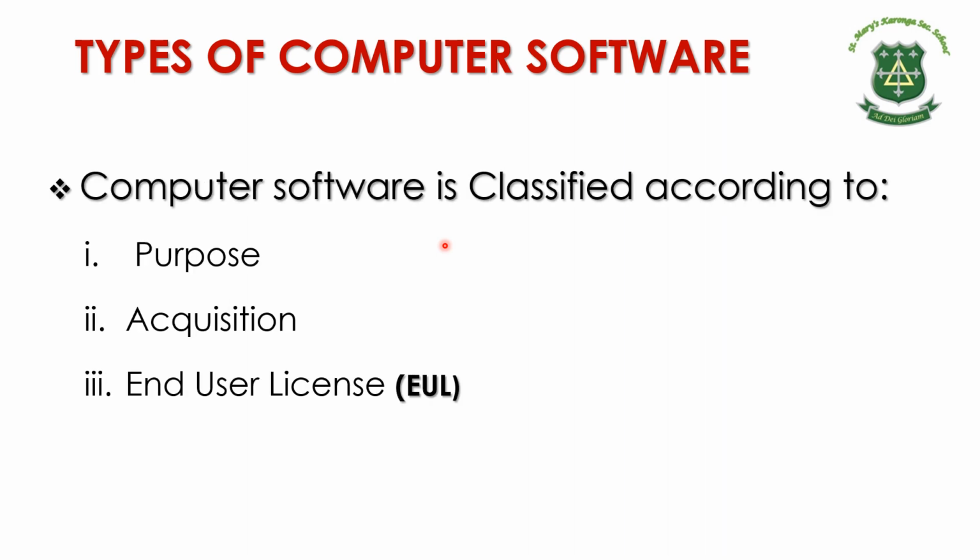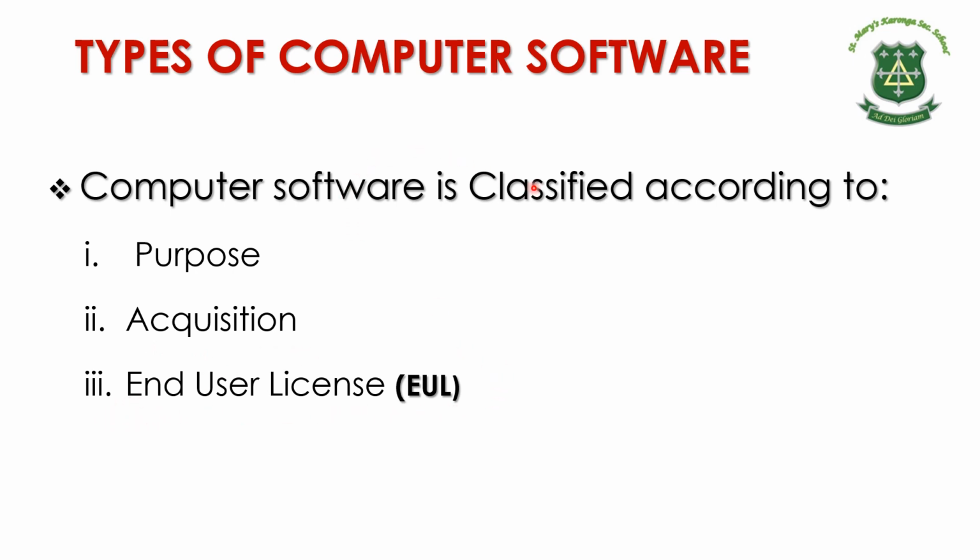But before we proceed, we have to know that computer software is classified according to purpose, according to acquisition, and according to end user license, which is also abbreviated to EUL.